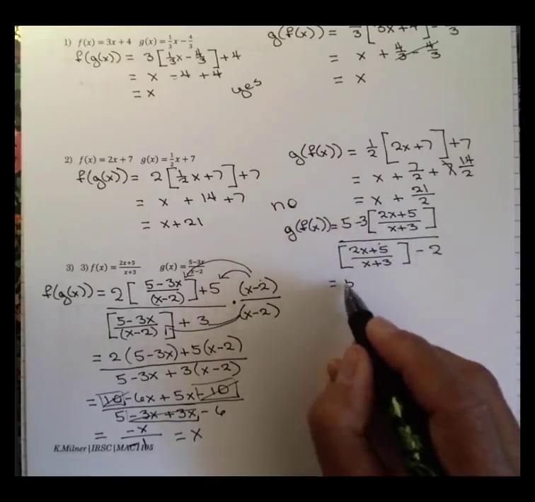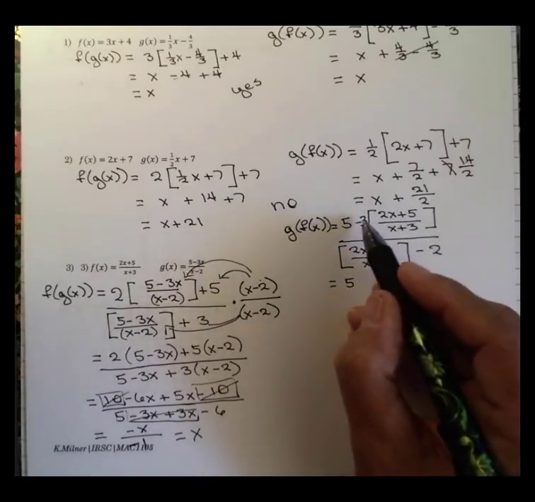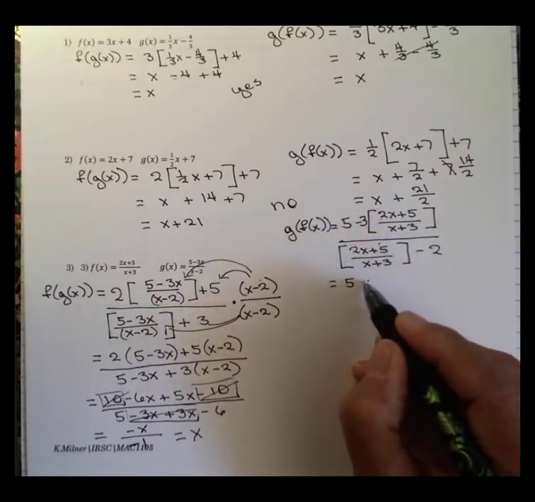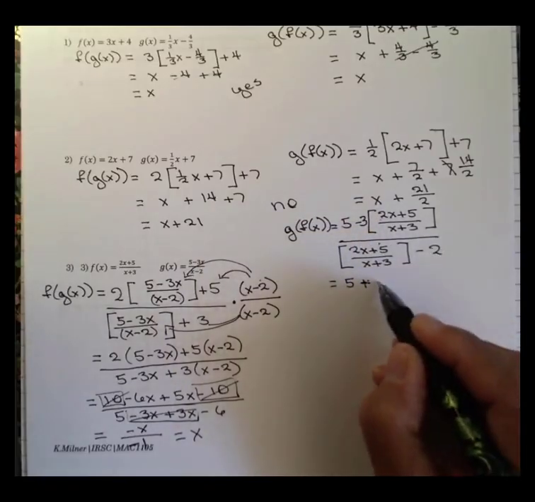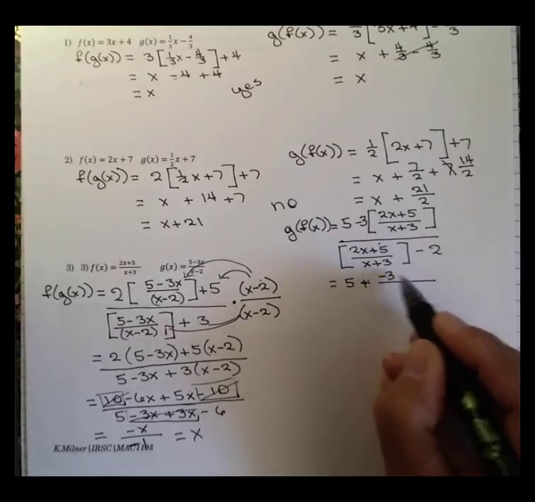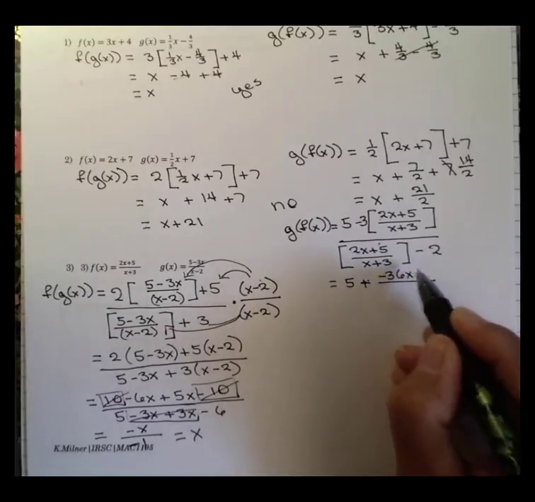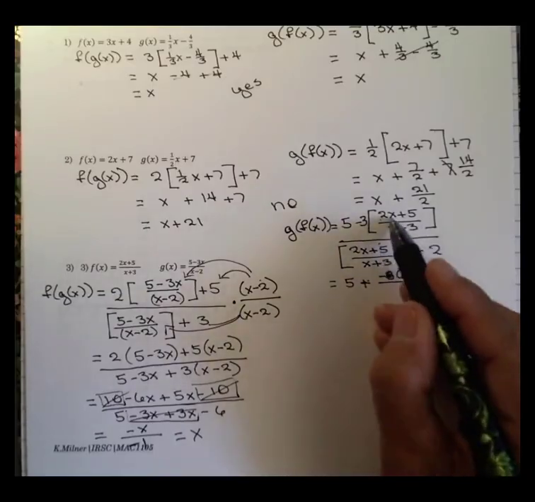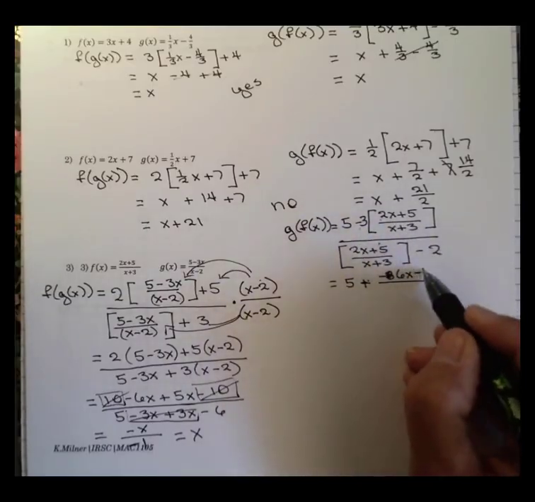So it would be 5. And I would say, then I have to say this is a minus or plus. I'll say plus, and in the numerator I'm going to have a negative 6x. And then I'm going to say this is minus 15.